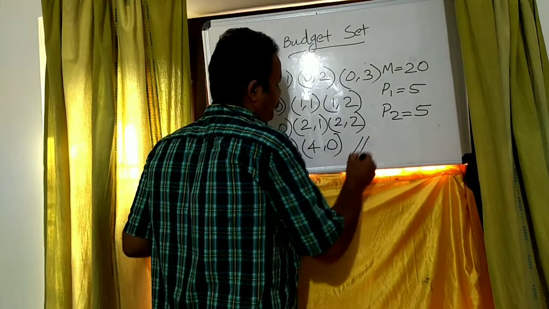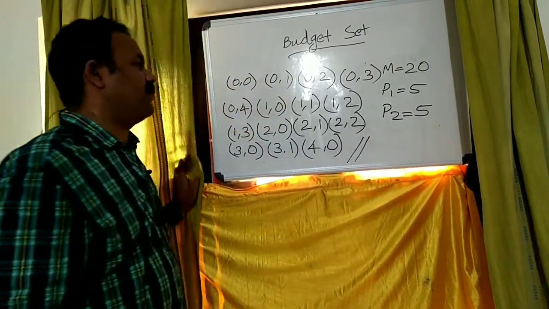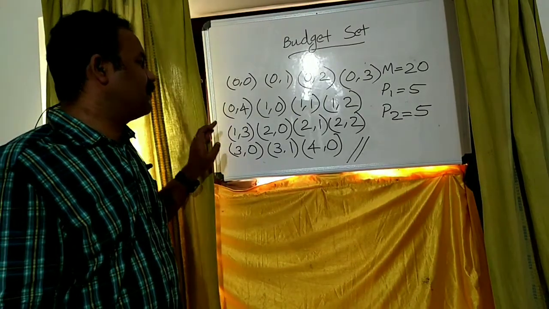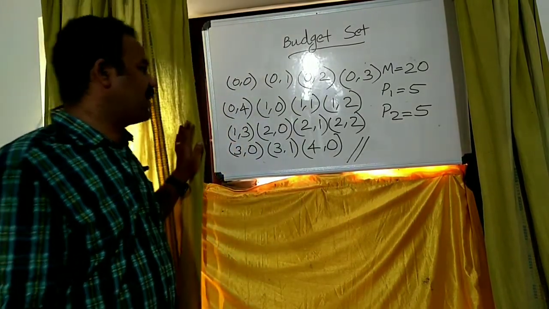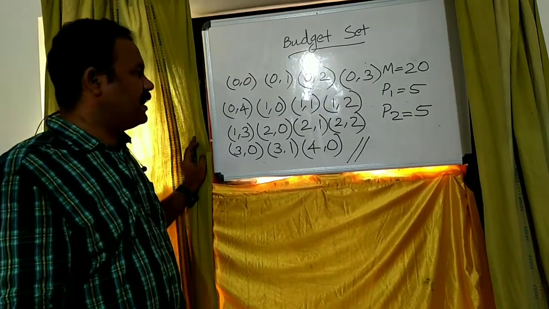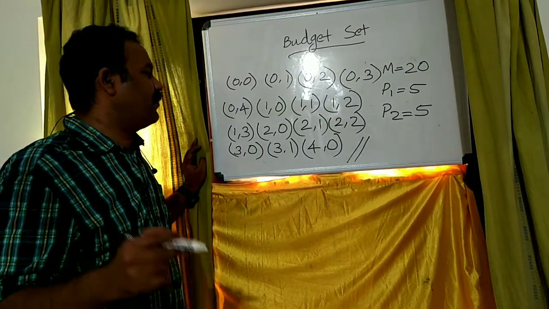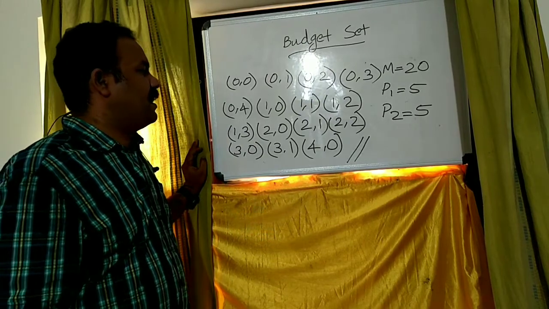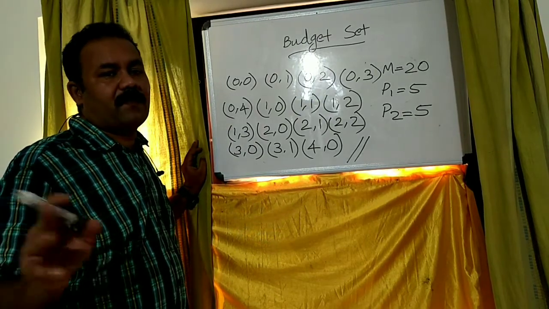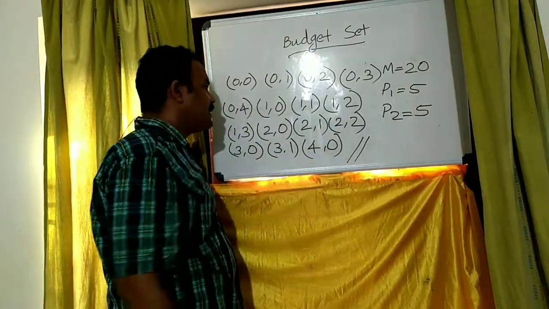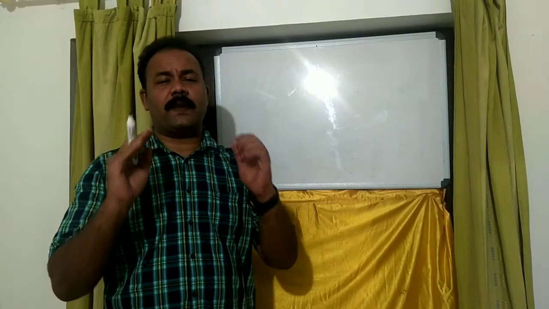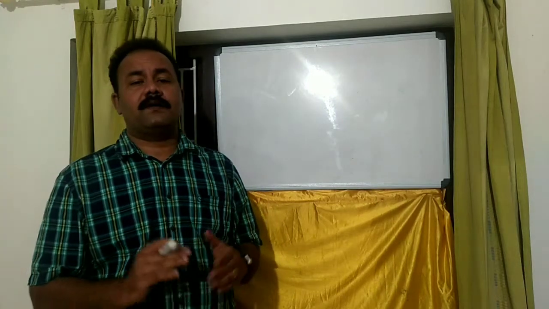Then the collection of all bundles of the commodities the consumer can purchase with the given level of income at the given market price, that is known as budget set.